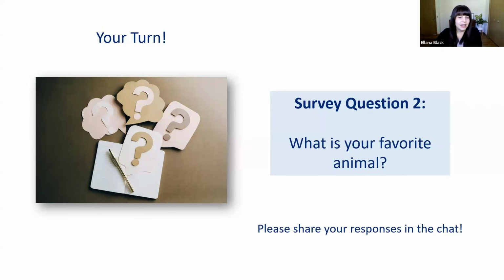Jonah is saying that they like pandas. Miriam says that horses are her favorite animal. Sam says a turtle. Ahmed says cats. Oh, and we have another comment from Layla who says dogs. So cats and dogs seem to be at the top, but a lot of different animals coming in from our audience.